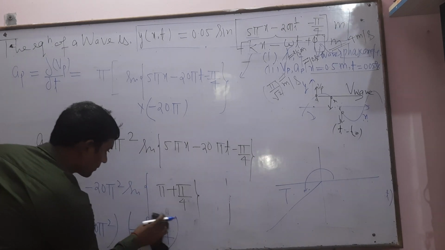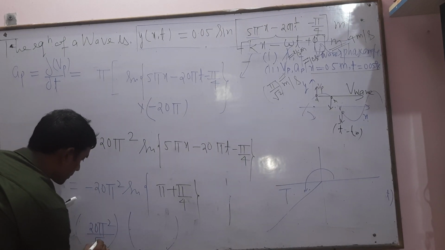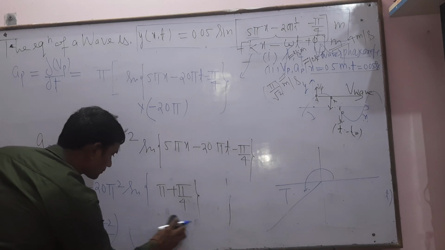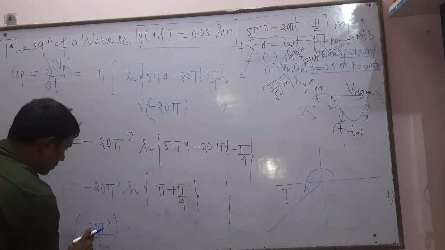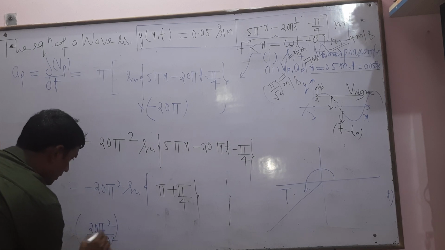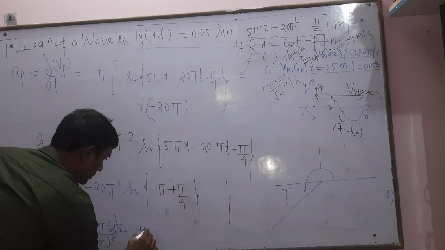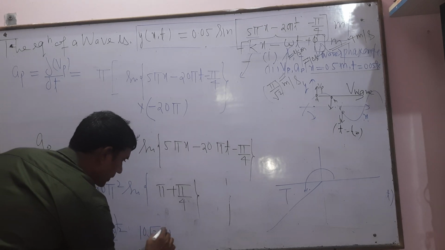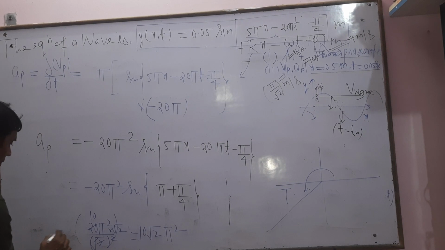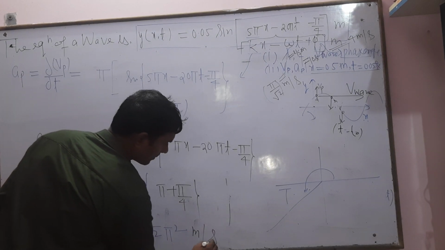Minus sin pi by 4 is minus 1 upon root 2, minus minus plus. Multiplying root 2 up and down, root 2 cancels 2, so 10 into root 2 into pi square. So the acceleration of the particle is 10 root 2 pi square meter per second square.